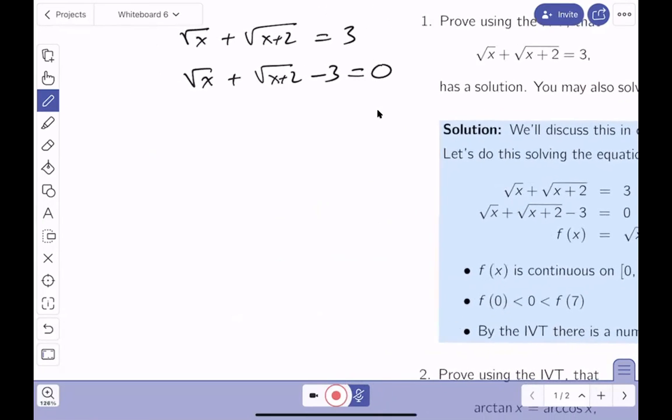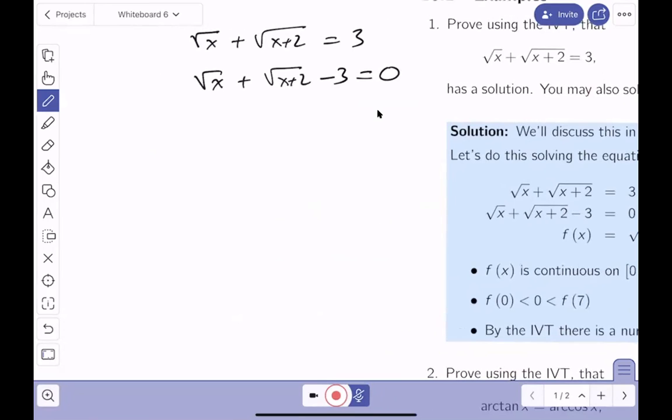So what I'm going to do now is define a function. My function is f of x equals root x plus root x plus 2 minus 3. That's the function. Now, by the way, I need to get a closed interval where this thing is continuous. The domain of it is 0 forward.